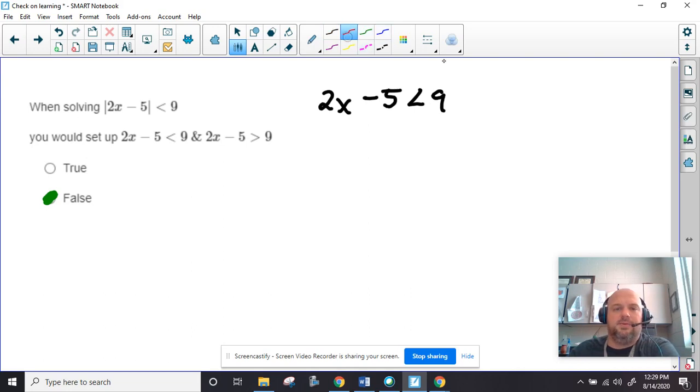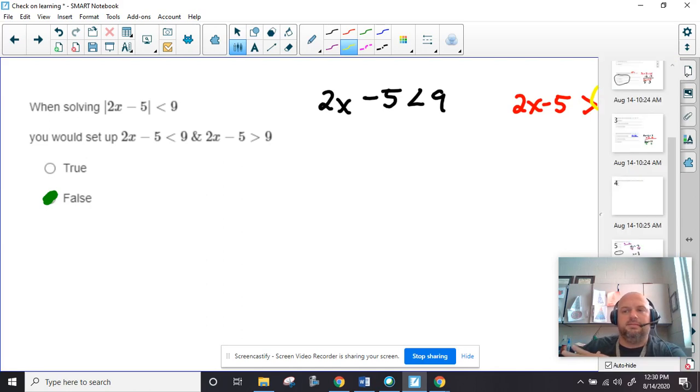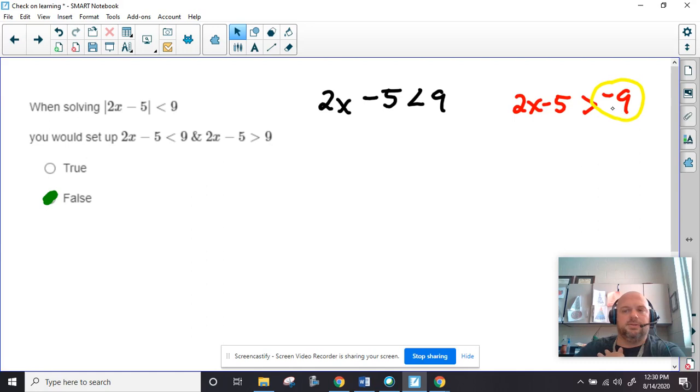And then you'd have another one that looks like this right here. 2x minus 5 is greater than negative 9. Okay. Not only this negative, a lot of people will flip the sign, but they'll forget to put the negative right there. So that could have been why somebody might have got that wrong. Okay. So make sure that you do the negative right there.